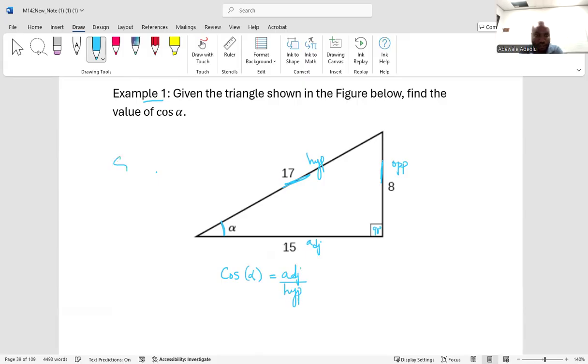Do not forget SOHCAHTOA. We are dealing with cosine, so that is adjacent over hypotenuse. Our adjacent is 15 in this case, and the hypotenuse is 17. So that is our answer: cosine of alpha is 15 divided by 17.